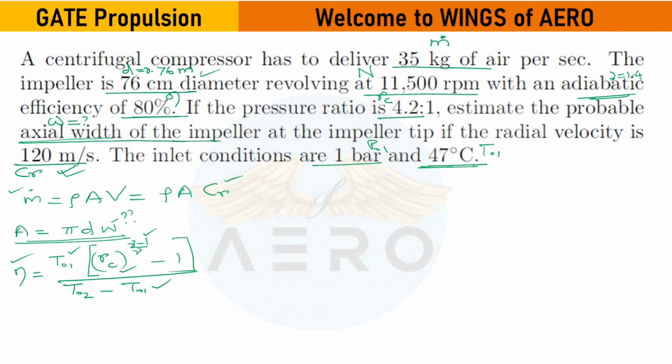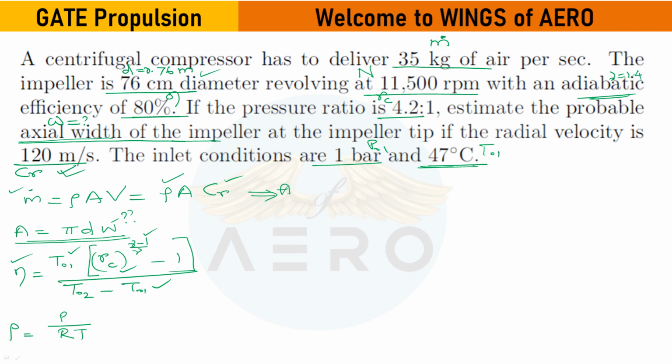Now we have discussed one more formula to find out the rho. What is the formula of rho? P by R T. So P is also given, T value is also given, we can find rho. So rho will also be known. Just have a look at the mass flow rate. We can find rho value, M dot value is given, CR value is given.